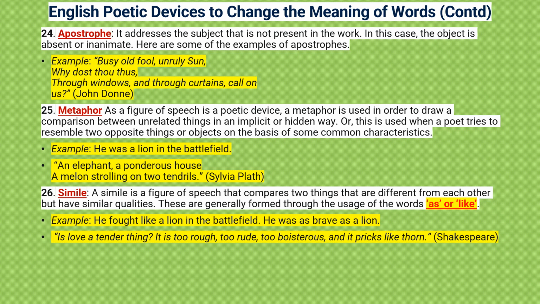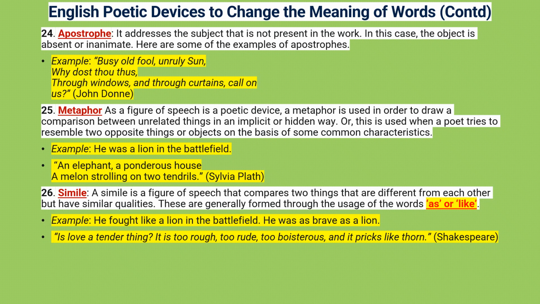When I spell it, the S sound and the L sound come up. Now see the word as, A-S. The S of as is the first letter of simile. Next, see the word like, L-I-K-E. This L is the second last letter of simile. So the S sound and the L sound of as and like are there in simile.